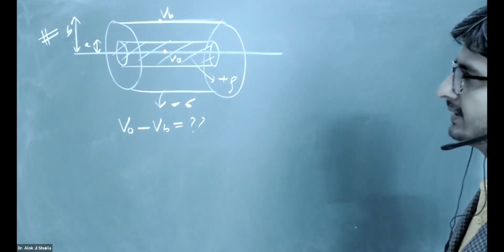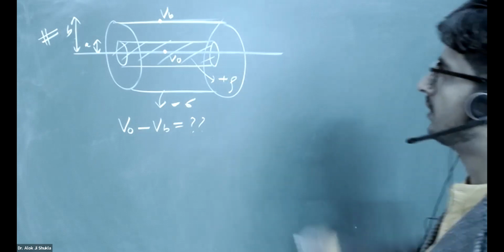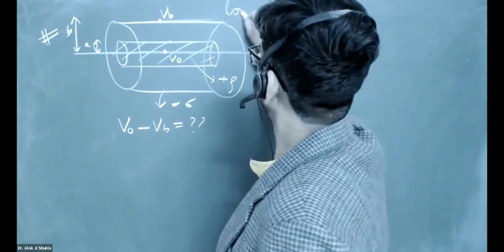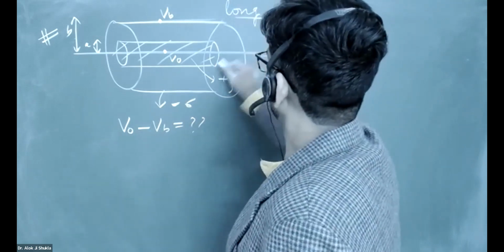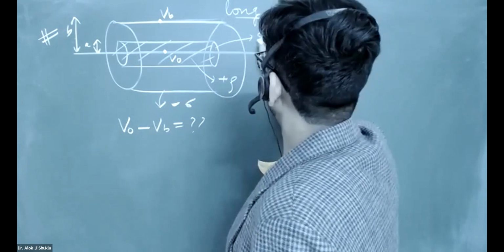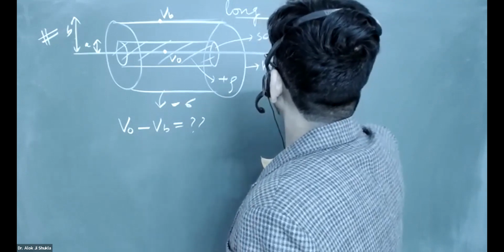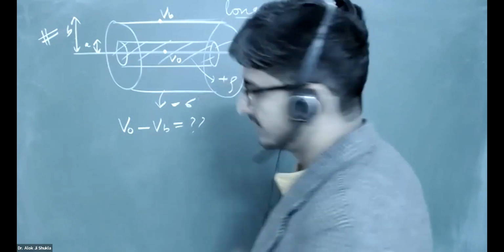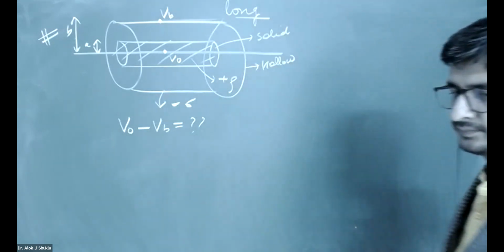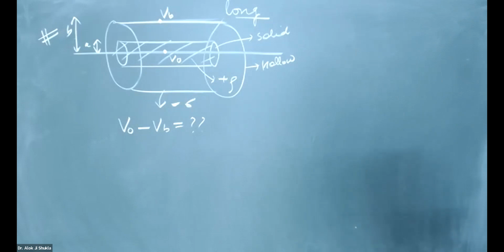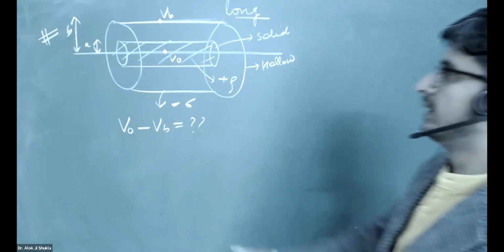Question understood, everybody? These are long cylinders. This one is solid. This one is hollow. Charge densities are given. So how you will calculate it? Tell me.